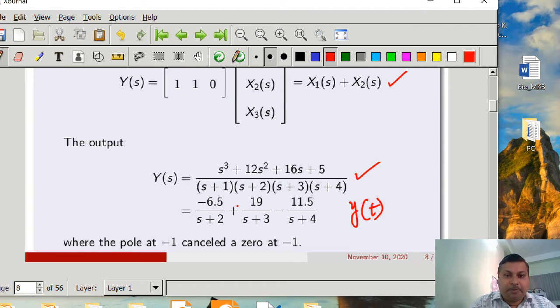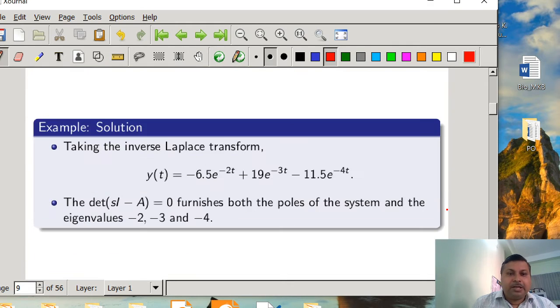Here we can observe that the input pole, s plus 1, will be cancelled out with the zeros of the system. So we will get the partial fraction expansion in this form, and ultimately y(t) is 6.5 e to the power minus 2t, plus 19 e to the power minus 3t, minus 11.5 e to the power minus 4t.